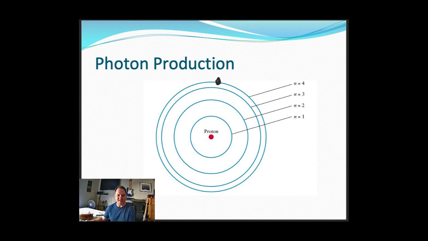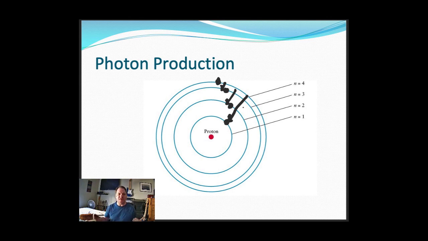Now it's in the excited state. Where can it go? Well, it could fall back to the third energy level, the second energy level, or it could fall back to the first energy level. So which one of those represents the greatest change? Well, obviously going from 4 down to 1 is the greatest change.